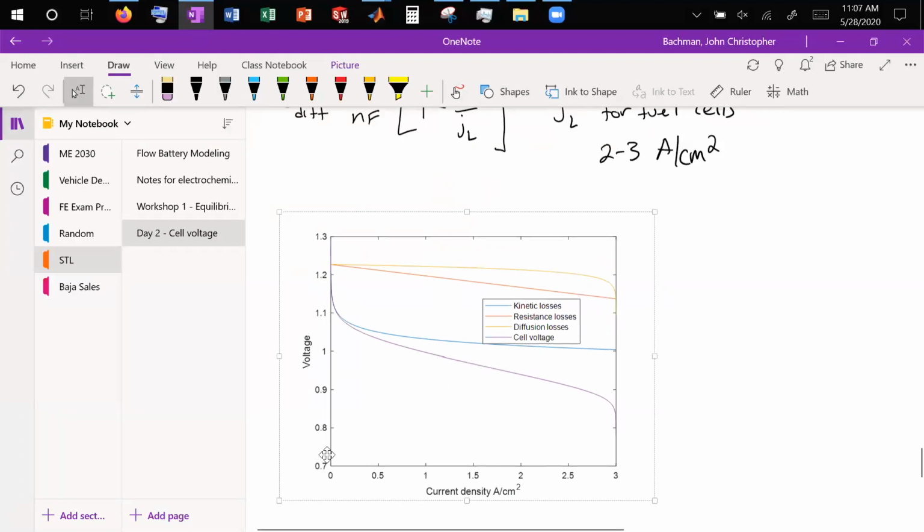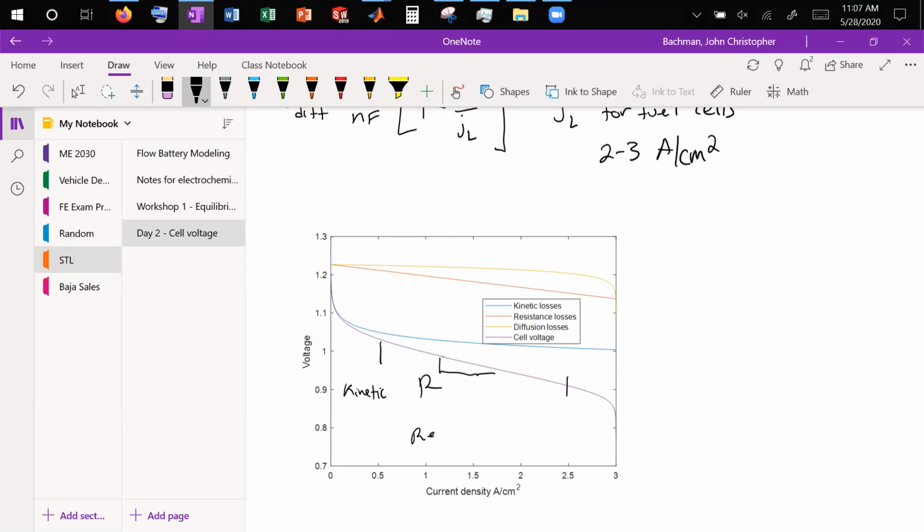You can see early on, like we suggested, this early stage is dominated by kinetics. Then you have this phase where the slope is basically the resistance, so this is resistance dominant. And then you have the diffusion losses down in here.